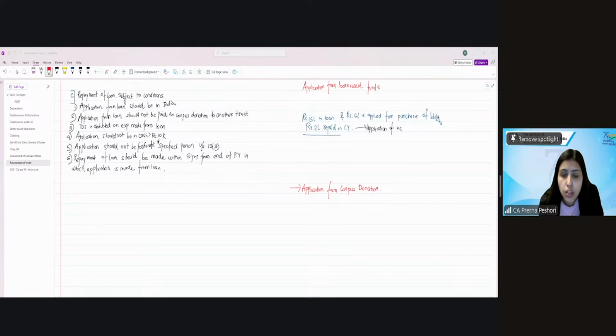Corpus donation utilized towards its object is not application.